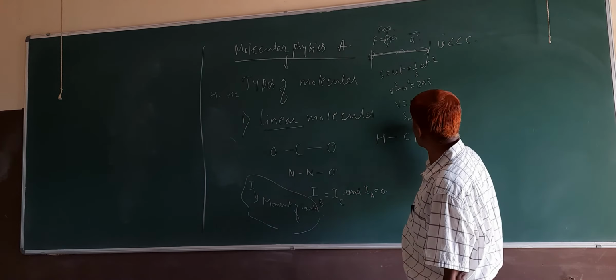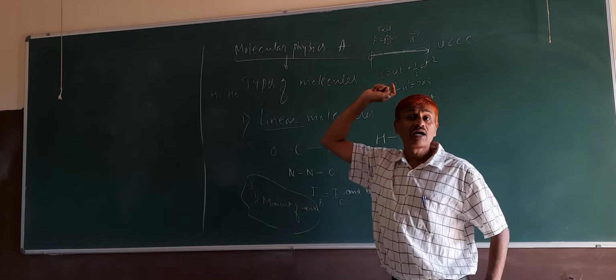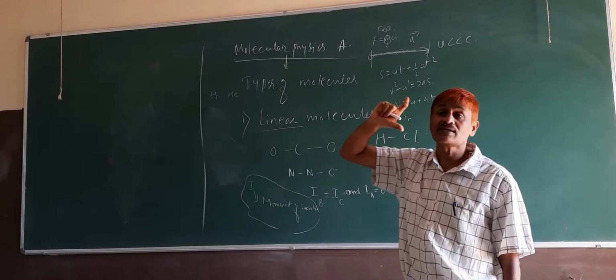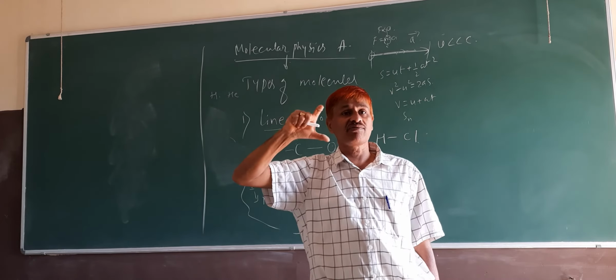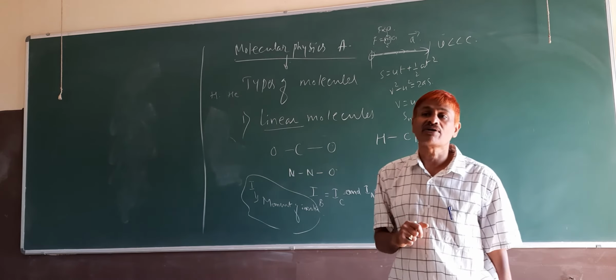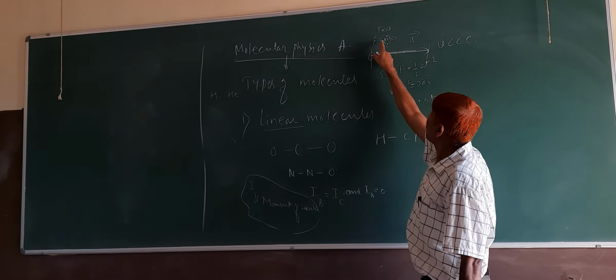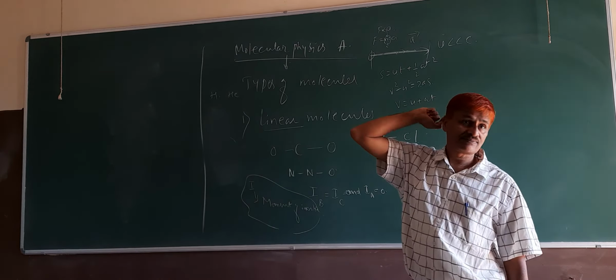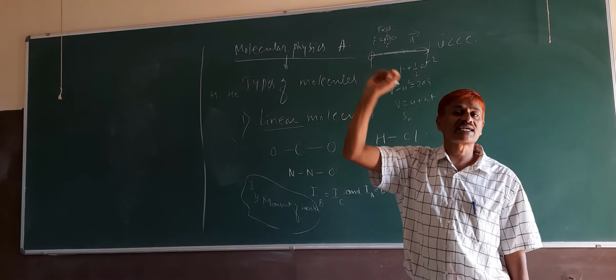All these equations can be derived from this equation. F is equal to ma is called the mother equation, and all equations can be derived from this. So F is proportional to a, right? And m we take as a constant.